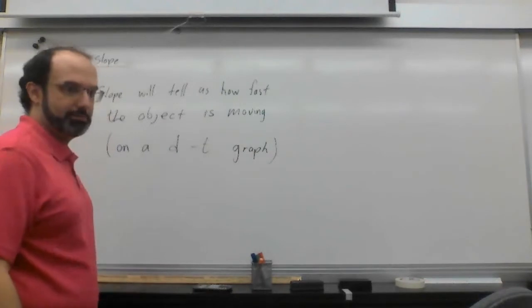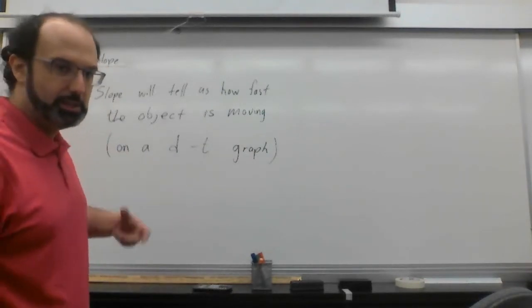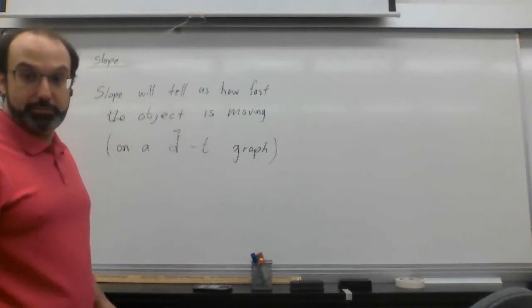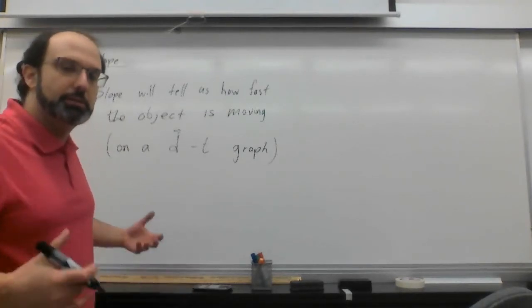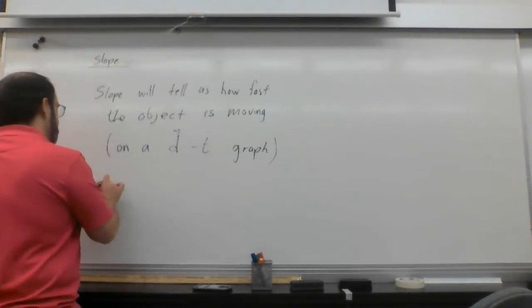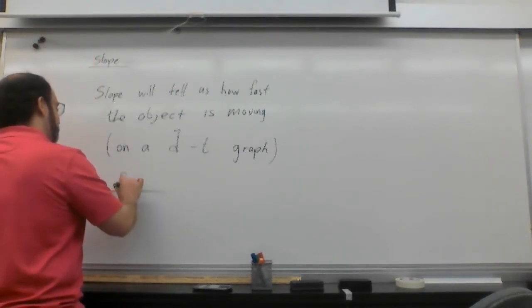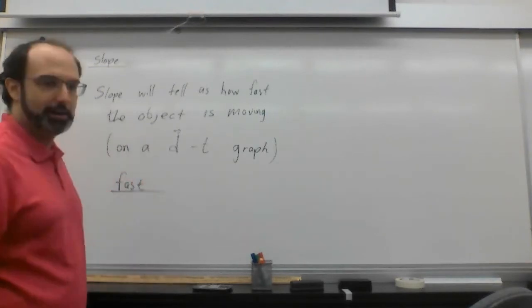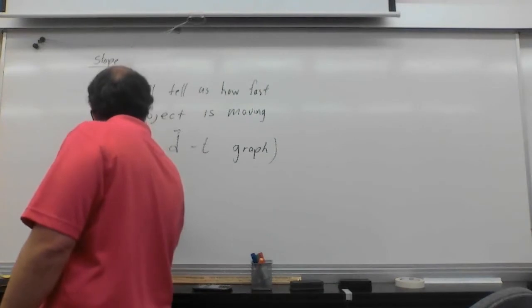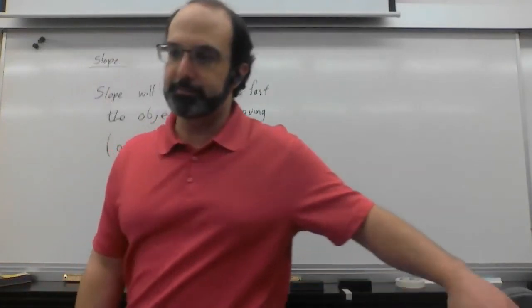On a dt graph. Now d, of course, can mean distance. If I put a little arrow in front there, that means now it's position. But either way, the slope is telling us the speed, the velocity, how fast you're going. So what it says next is that a steep line is a fast object. Or faster, I guess, if we want to be a little more accurate.